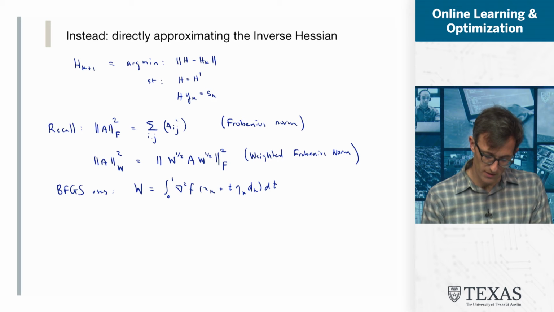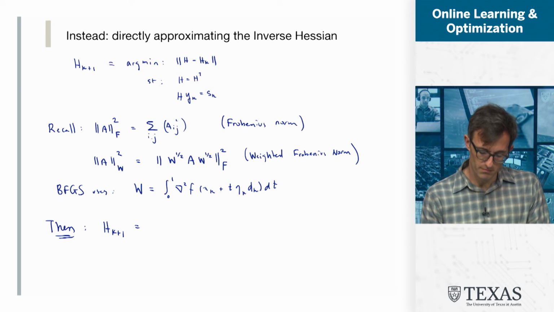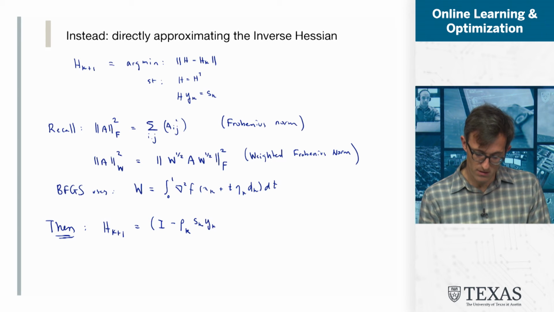So then Hk plus 1 is equal to identity minus, I'll define rho k, we haven't defined that yet. sk and yk are what define the secant equation.